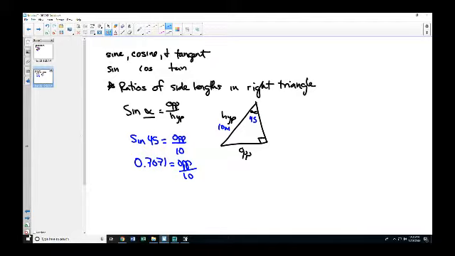Now, can you solve that equation? Multiply by? So we get 7.071 equals the size of the opposite. That just makes the adjacent the same.